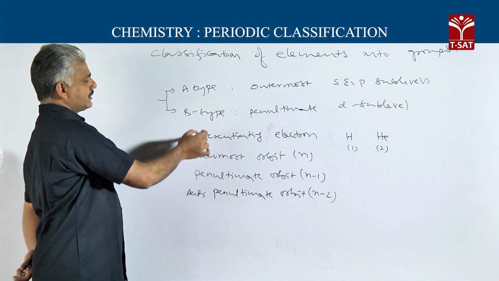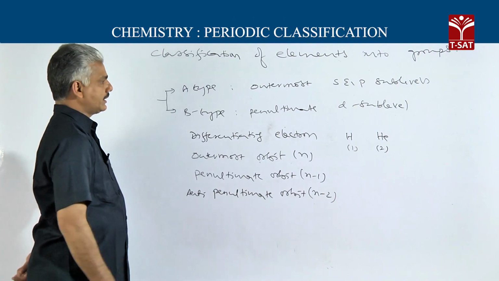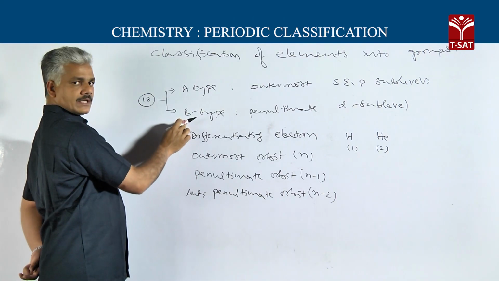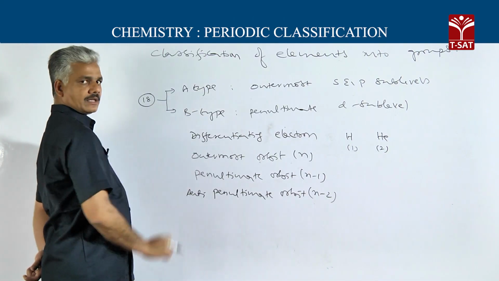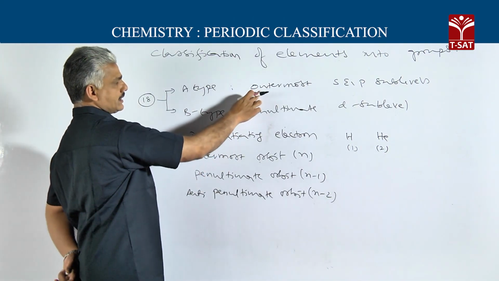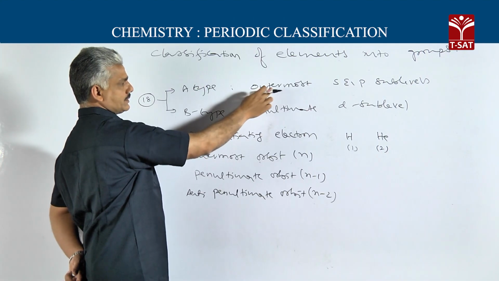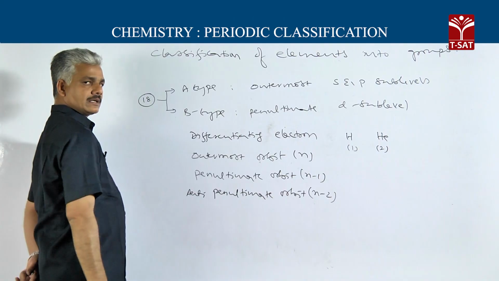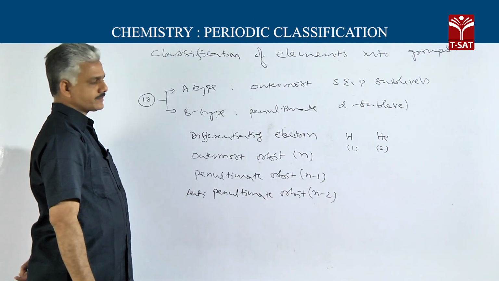So, depending on the position of the differentiating electron, all the 18 groups have been classified into two types: A type and B type. If the differentiating electron enters into the outermost S and P sublevels, then those elements are called A type groups.